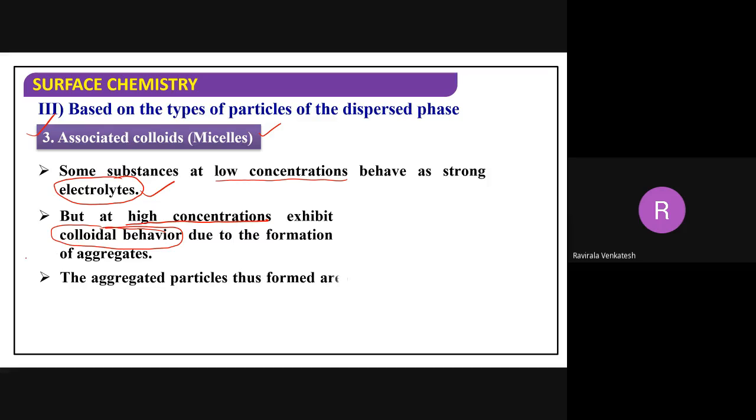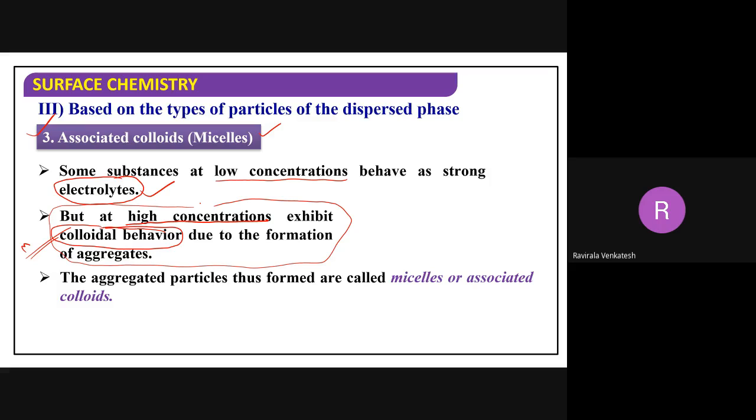So this is called micelle formation. The aggregation of the particles thus formed is called micelles. Whenever aggregation of the particles takes place at high concentration, the particles you get are called micelles. These are nothing but associated colloidal particles.